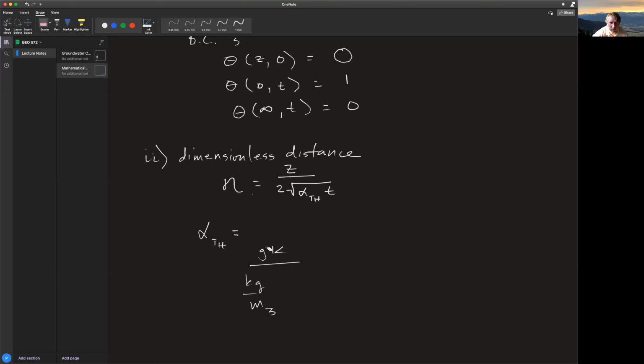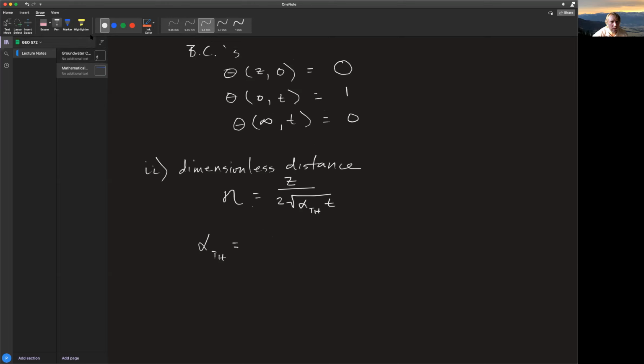Watts per meter Kelvin over kilogram per meter cubed times joules per kilogram Kelvin.